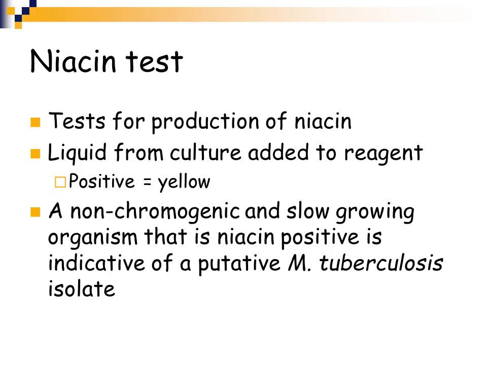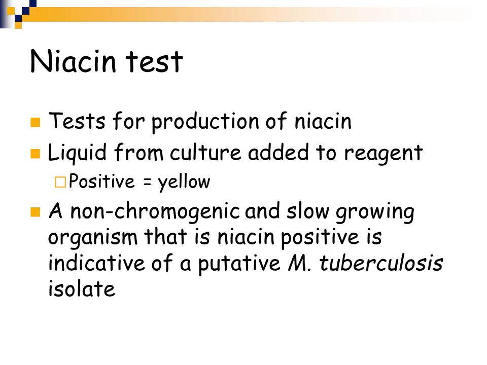So your non-chromogenic and slow-growing organism that's niacin positive is always going to indicate a possible Mycobacterium tuberculosis. And usually in the clinical lab, that's what you're looking for. You're trying to rule out if an individual has Mycobacterium tuberculosis.